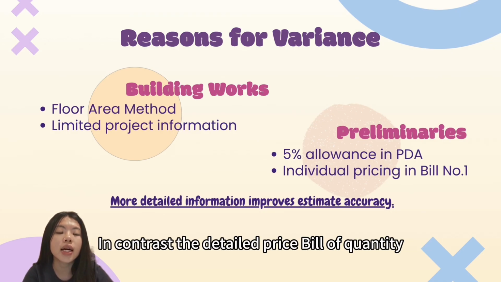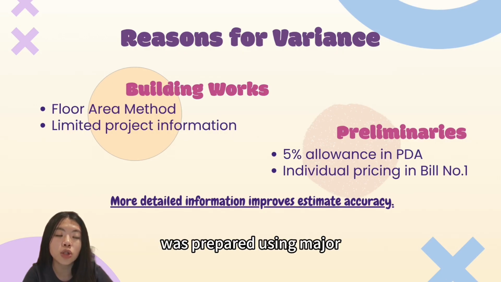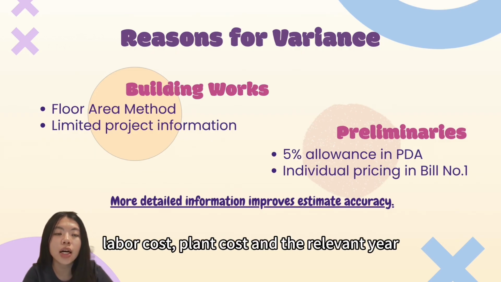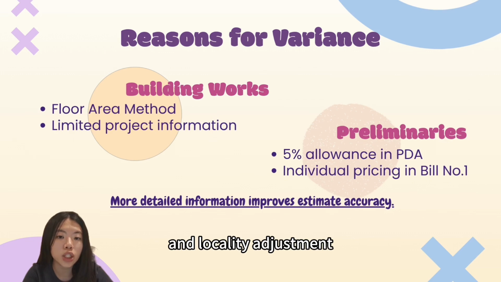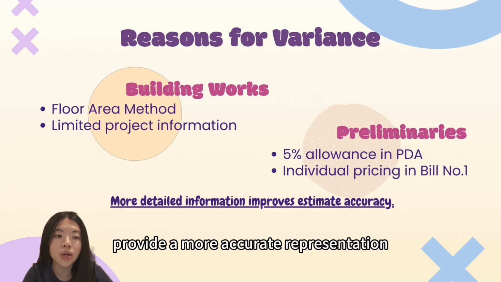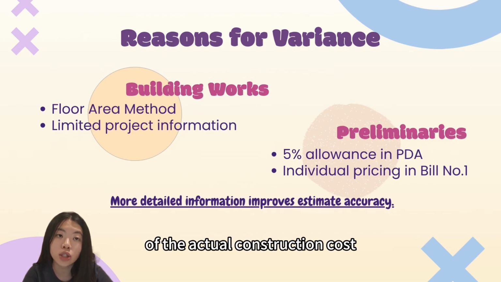In contrast, the detailed priced bill of quantities was prepared using measured quantity and build-up rate, together with the supplier quotation, labor cost, plant cost, and the relevant year and locality adjustment. Therefore, the detailed estimate provides a more accurate representation of the actual construction costs.